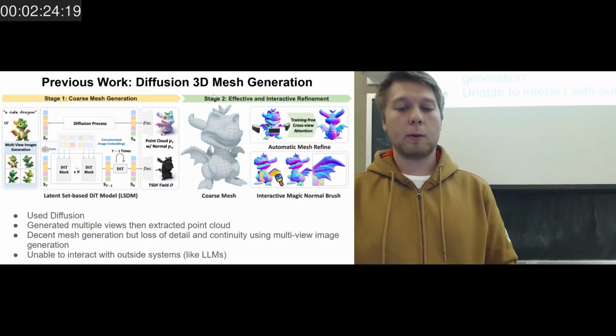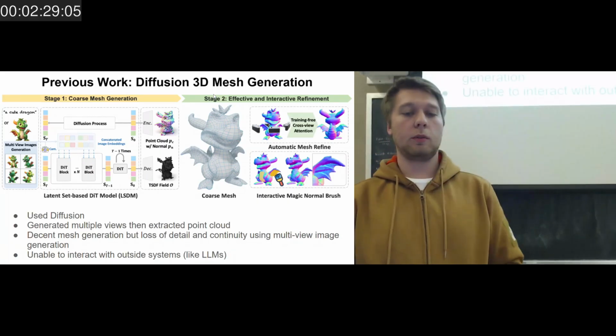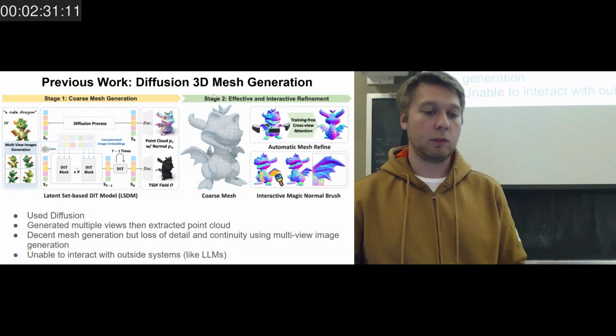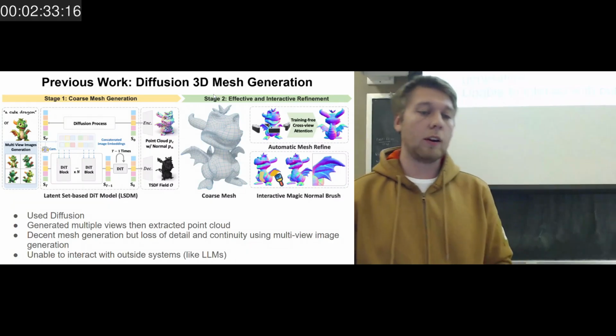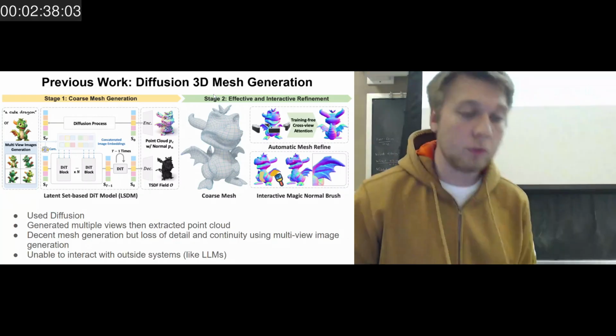But the way people used to generate 3D meshes is you would have text, and then you would use some sort of 2D diffusion model and render multiple views of that same image. In the example here, it says a cute dragon.